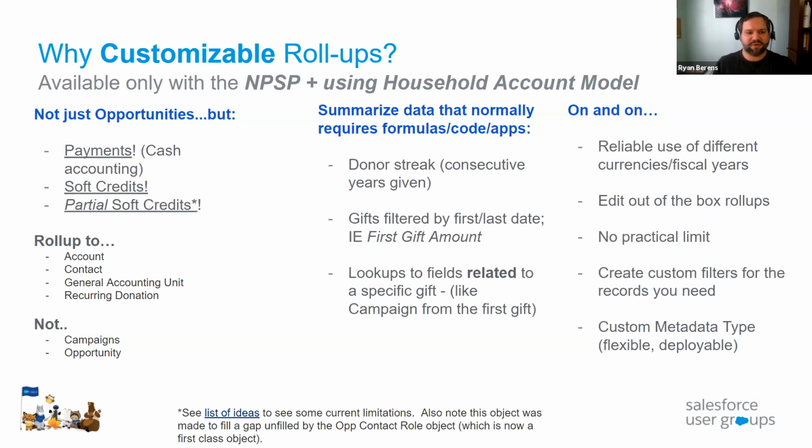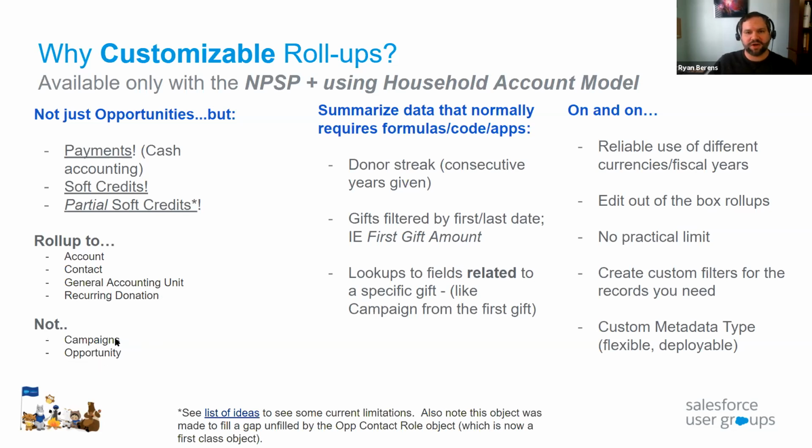Ultimately, the customizable rollups allow you to take payments, soft credits, and partial soft credits, which are 3 separate objects, and roll them up to the account, contact, recurring donation, and general accounting unit. Those last two are unique to the Nonprofit Success Pack. Just a note here, the customizable rollups do not surface information on the campaign object, nor on the opportunity object.